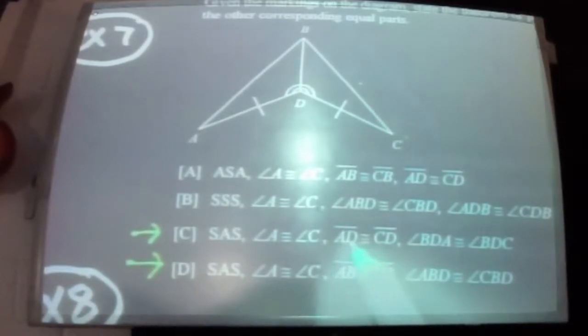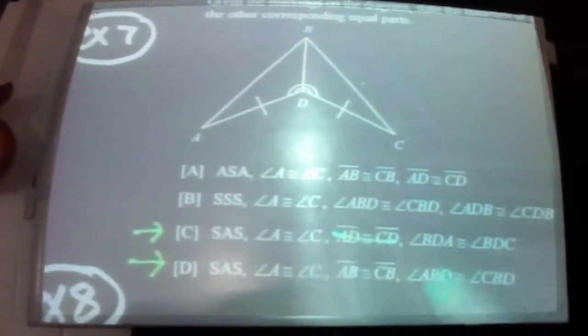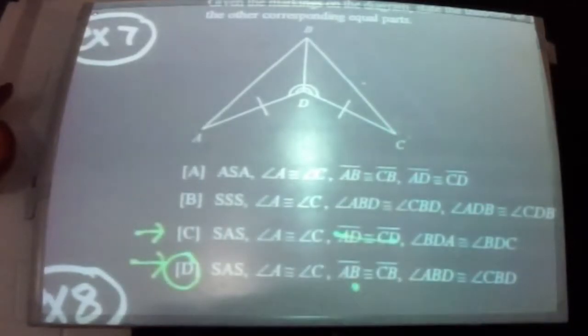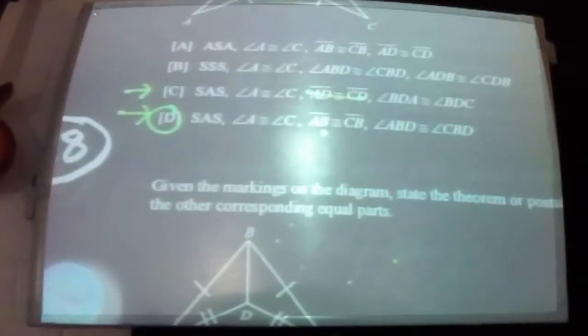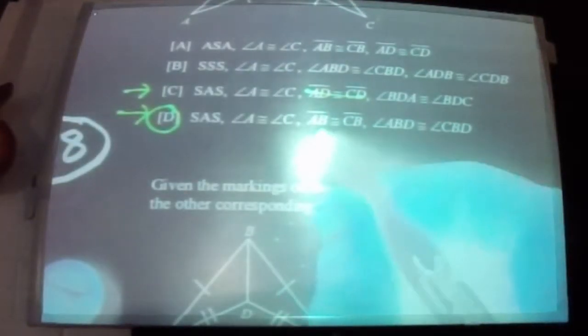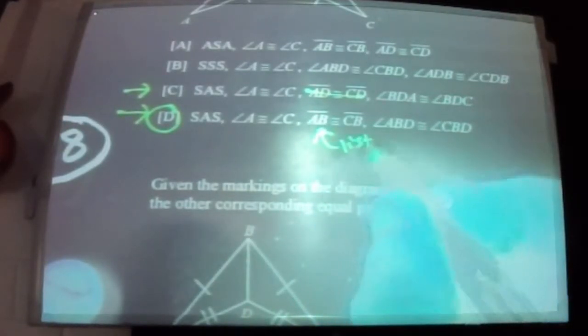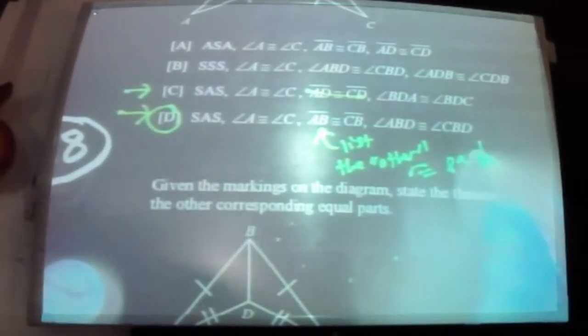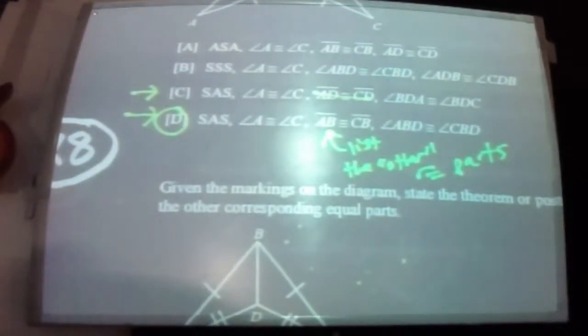It wants you to list the other parts, like AB and CB, and ABD and CBD. So it's this one. List the other congruent parts.